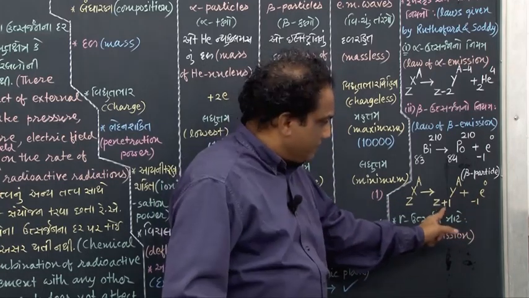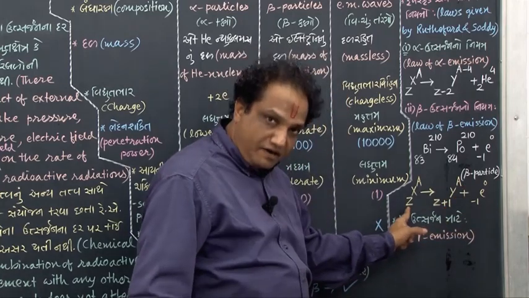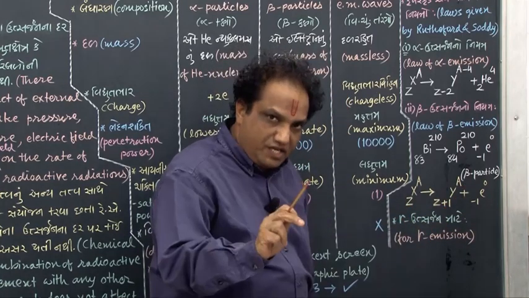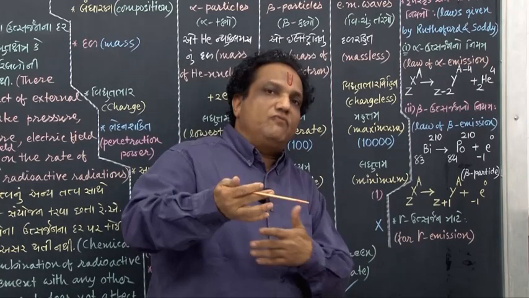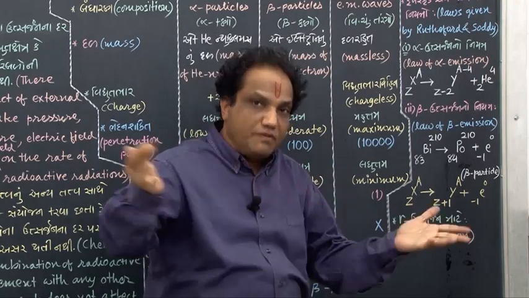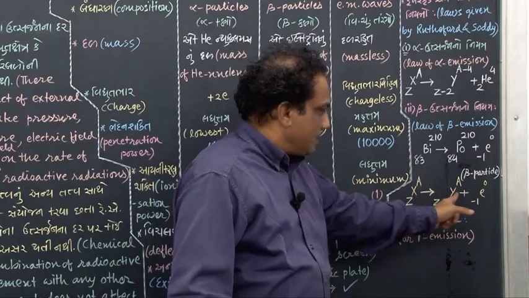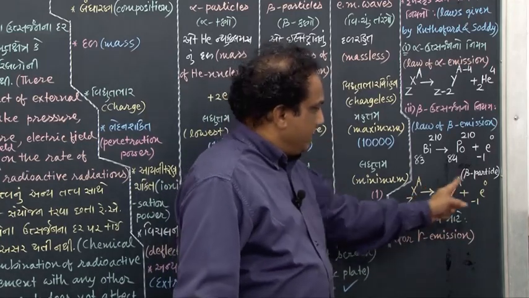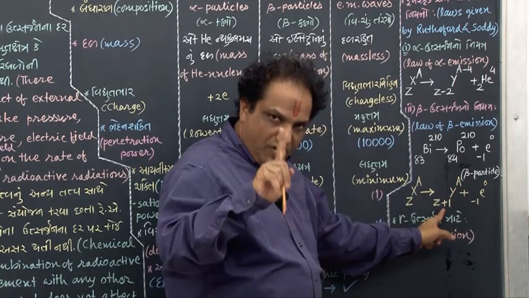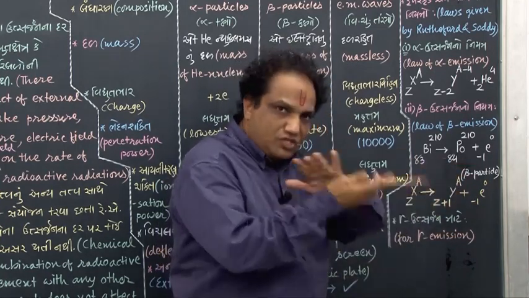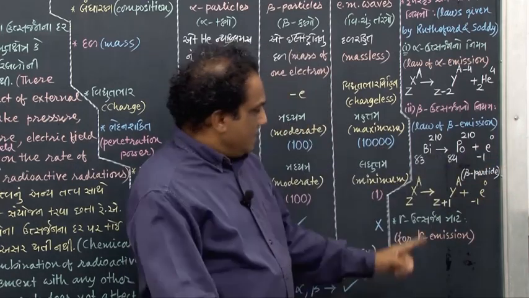Then only Z plus 1 minus 1 will become Z. And when atomic number changes, the element would change. And as element would change, you must change the chemical symbol. Instead of X, you must write Y. And A minus 0, that is A. Okay. Atomic number increases by 1 unit. Atomic mass number does not change.